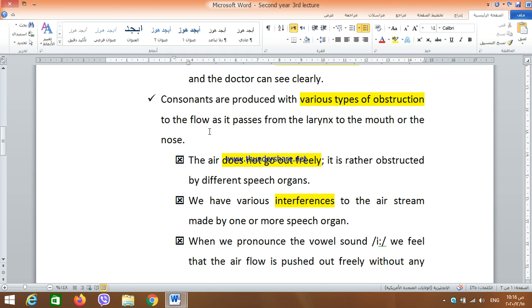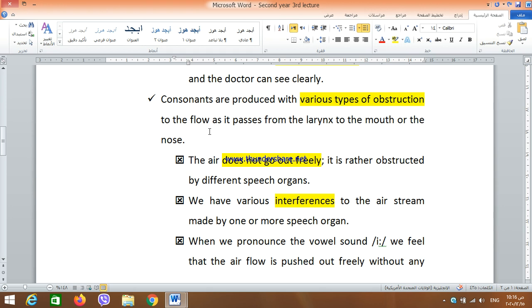And this obstruction usually modifies or models, if you like, the way and the direction of the airstream when it goes out through either the nose or the mouth.